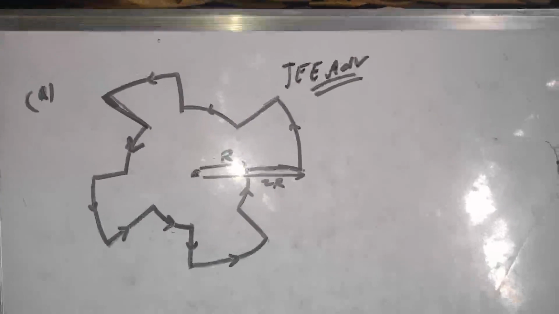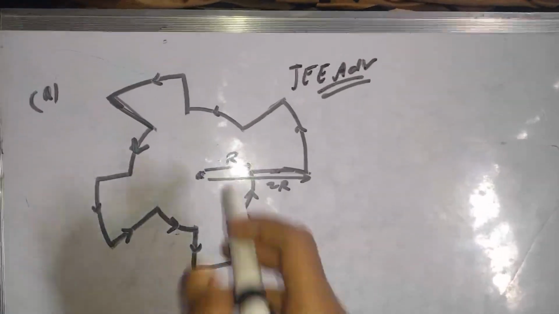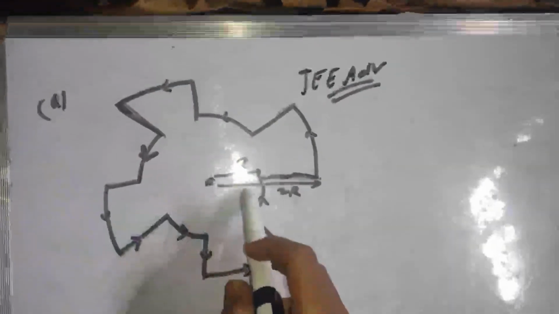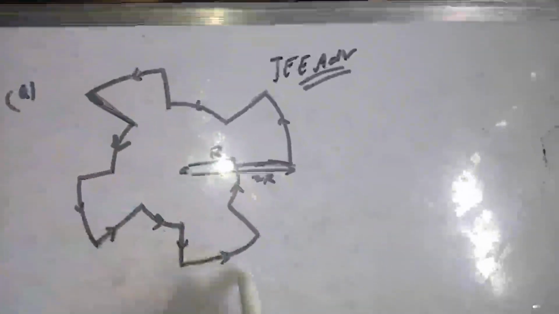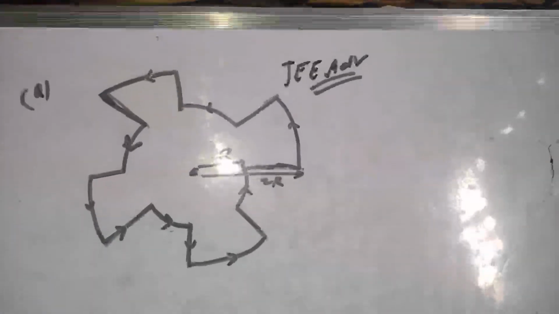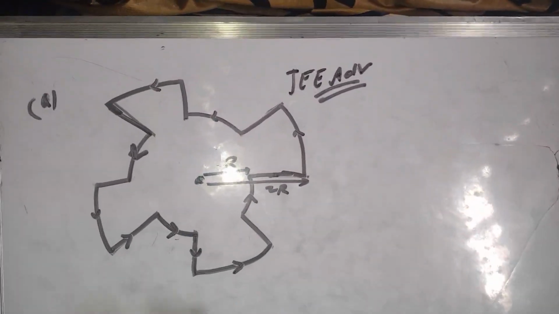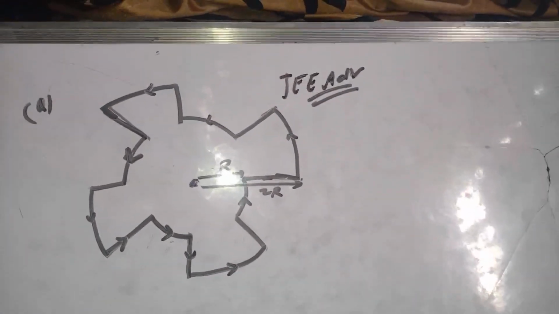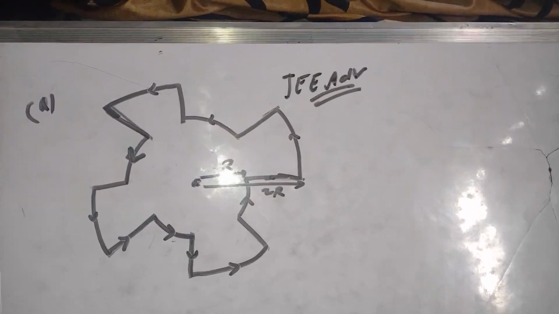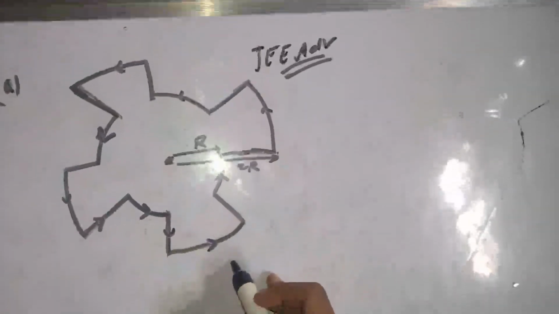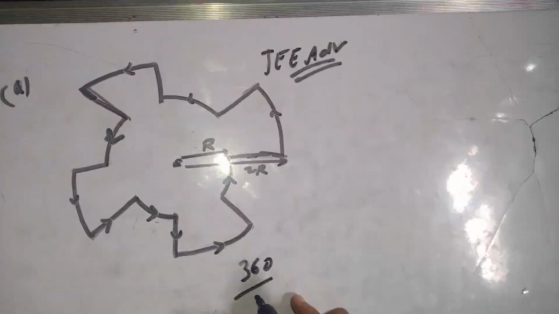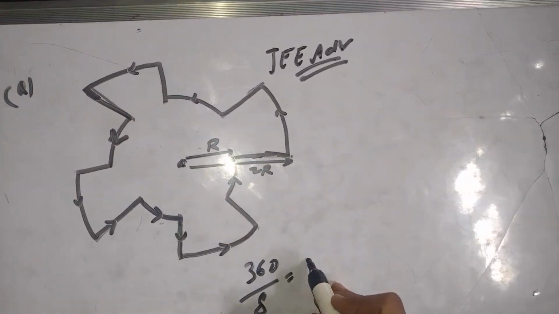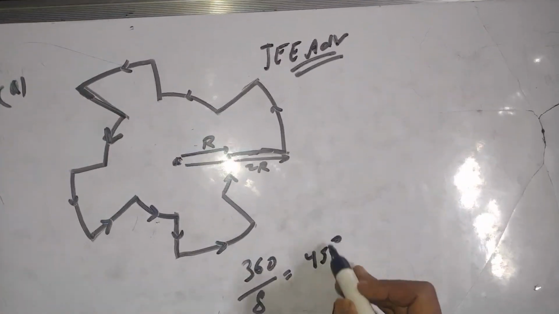We can use the idea of symmetry, and the idea of symmetry says that there are 4 arcs here and 4 arcs here, and these 8 arcs construct 360 degrees at center. So therefore, by using symmetry, we can say that one arc constructs 360 by 8, that is 45 degrees.